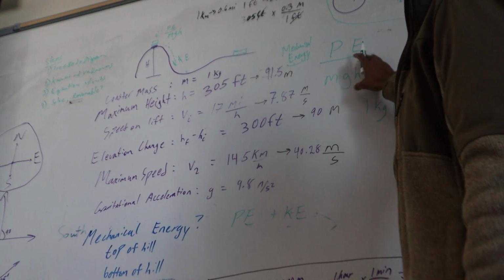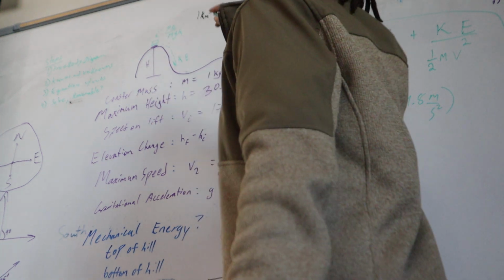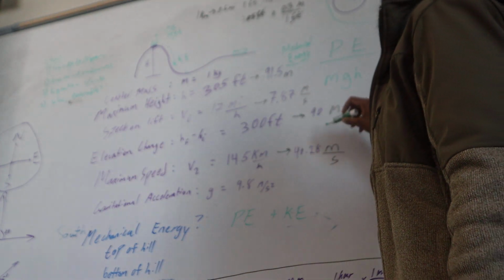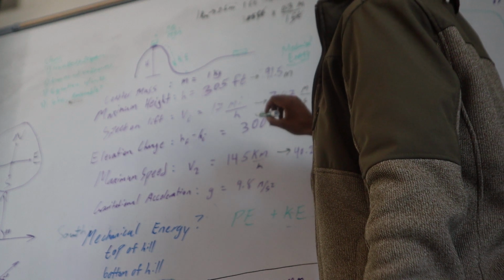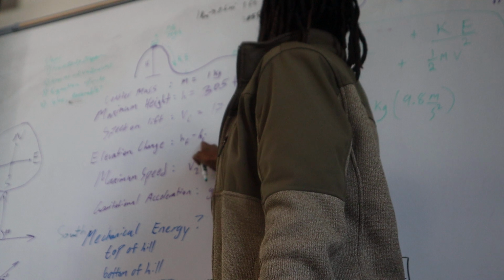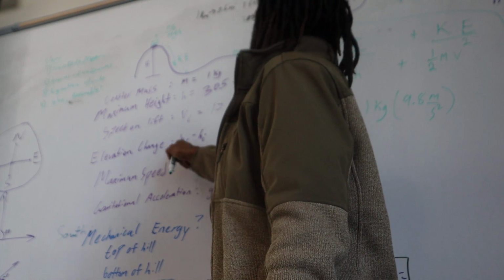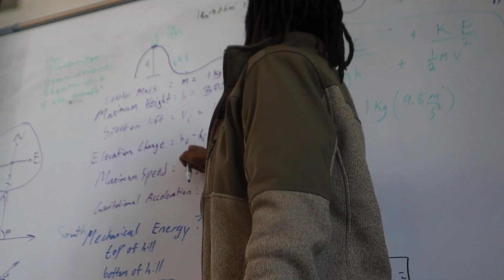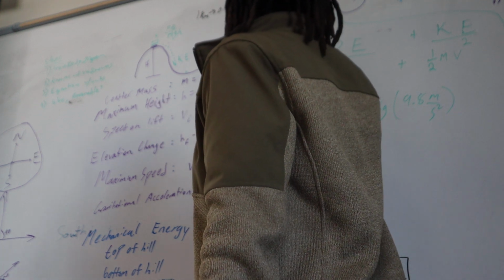So this is the potential energy. So we'll use the height that's at the top, which is the top height, which we know initial height is 0. So this elevation change, we put it here.